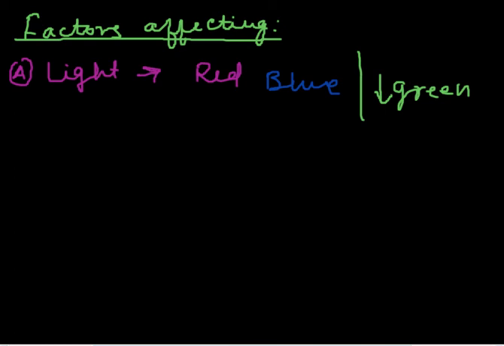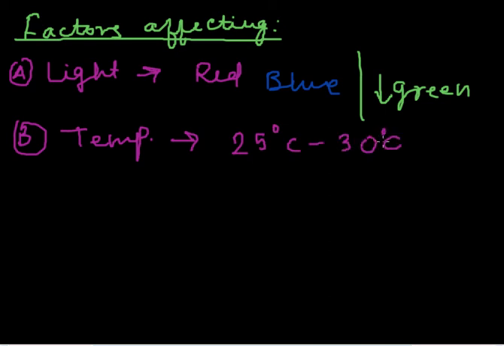Now the next factor, that is temperature. The optimum, meaning suitable, temperature for photosynthesis is between 25 degrees Celsius and 30 degrees Celsius.